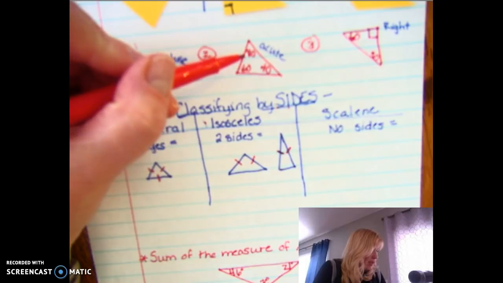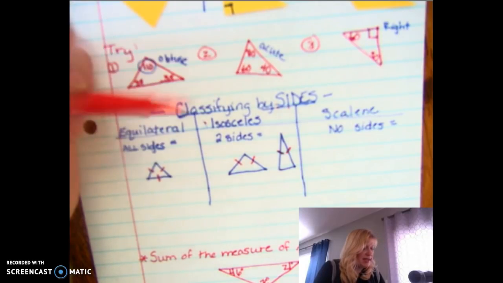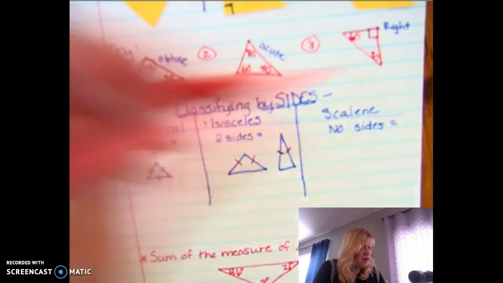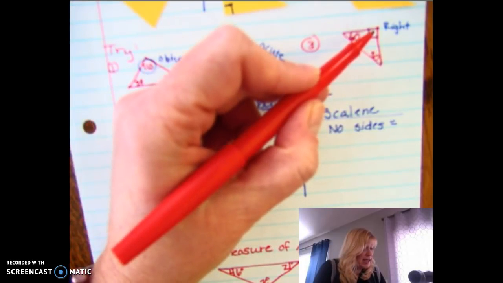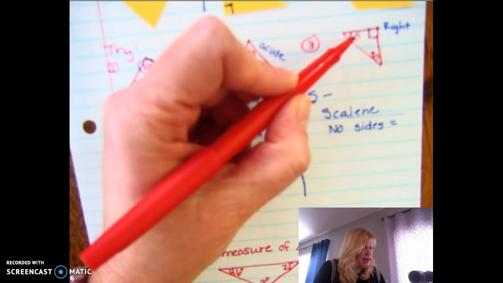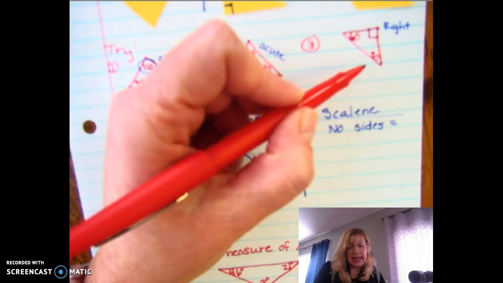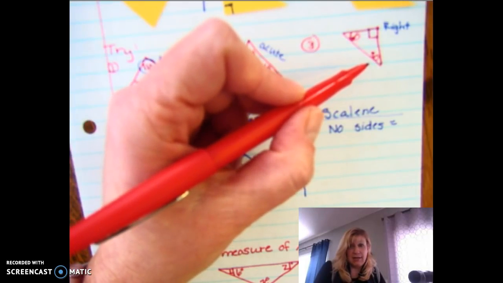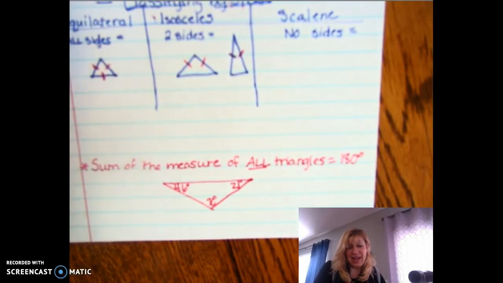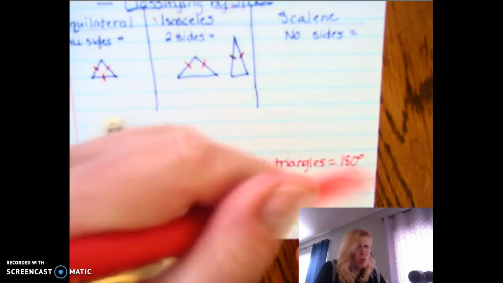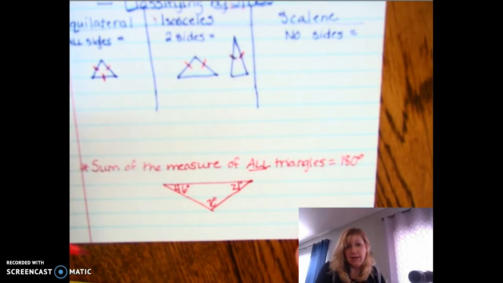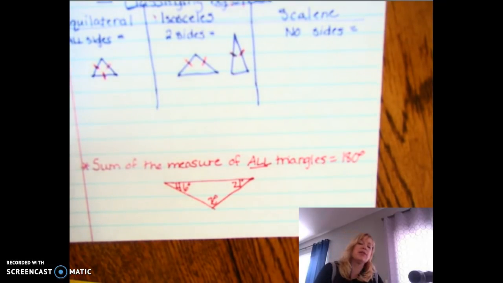Okay? 60 plus 40 is 100, plus 80 is 180. 60 plus 30 is 90, plus another 90 is 180. Are you getting the sum of the measures of the angles of all triangles always equal 180? It is well known within geometry. It's one of the fundamentals of geometry. Triangles, their measures of the angles are 180.